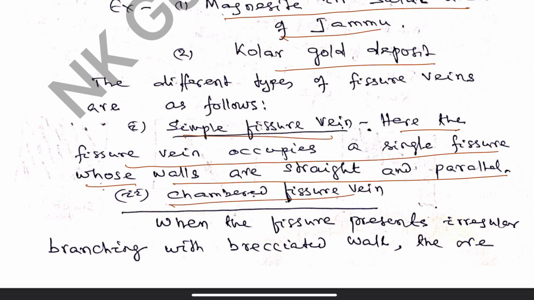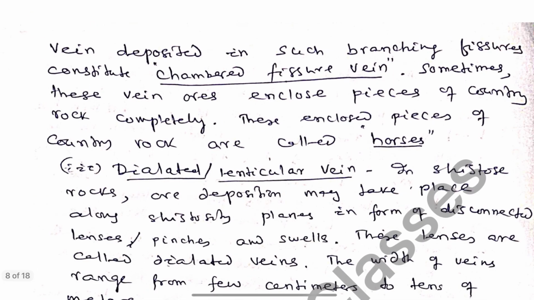Chambered fissure vein. When the fissure presents irregular branching, particularly irregular branching found in brecciated wall, the ore vein deposited in such branching fissures constitutes a chambered fissure vein.